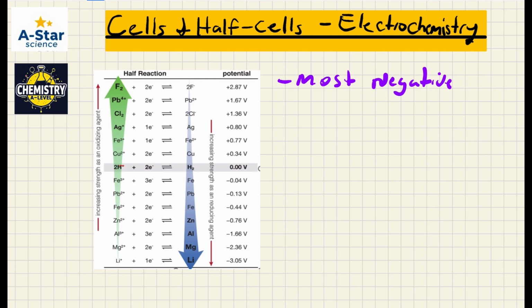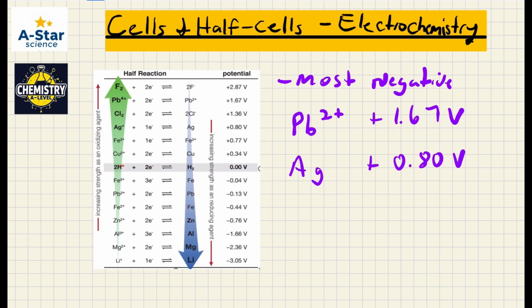So for example, even though lead 2 plus is plus 1.67 volts and silver is plus 0.80 volts, silver in this case will be the half equation that produces the electrons.